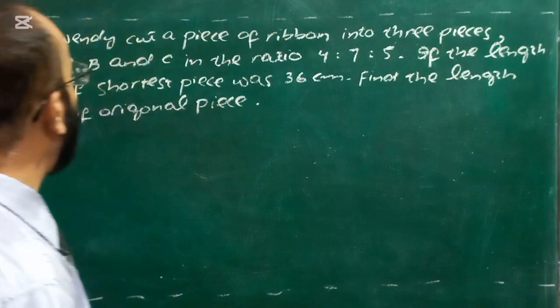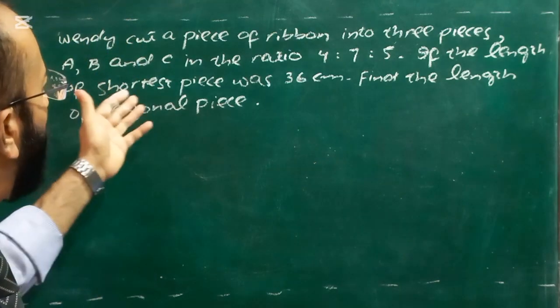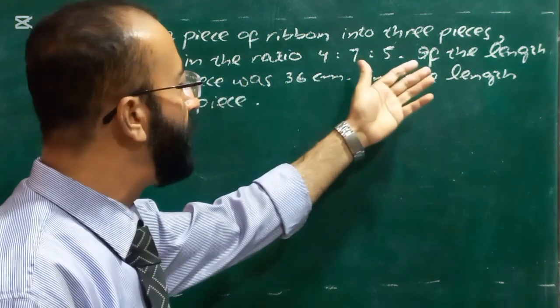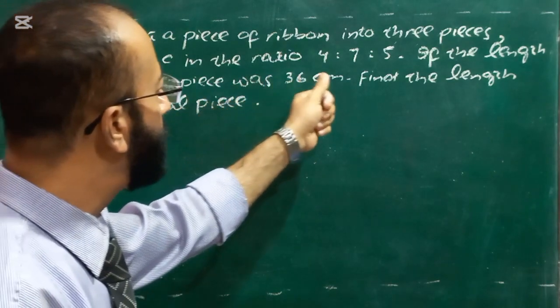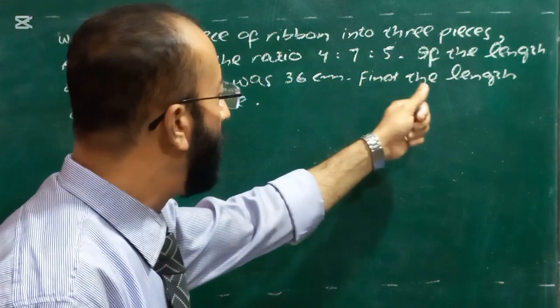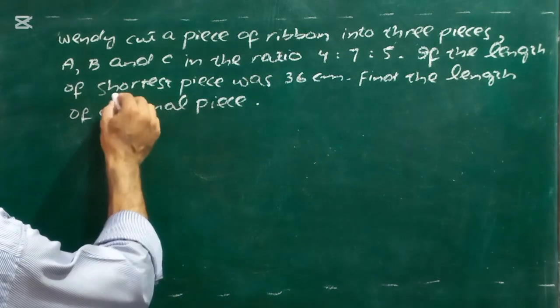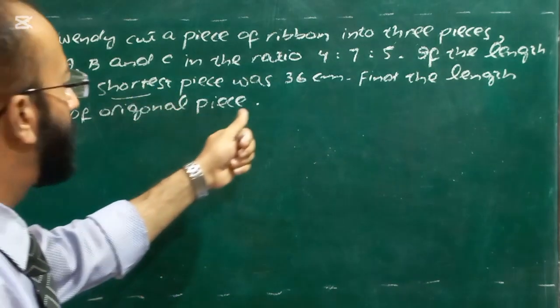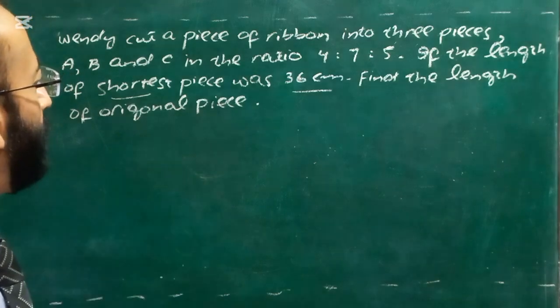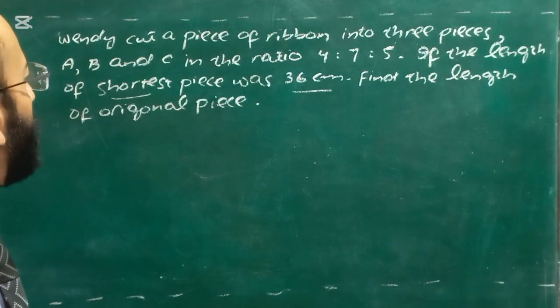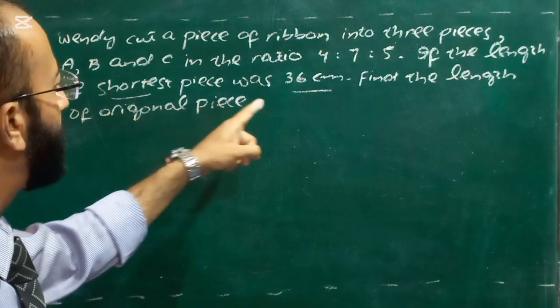So look now, here is another question. Wendy cut a piece of ribbon into 3 pieces, A, B and C, in the ratio 4:7:5. If the length of the shortest piece was 36 centimeters, find the length of the original piece. Okay. So look now, the shortest piece length is given.